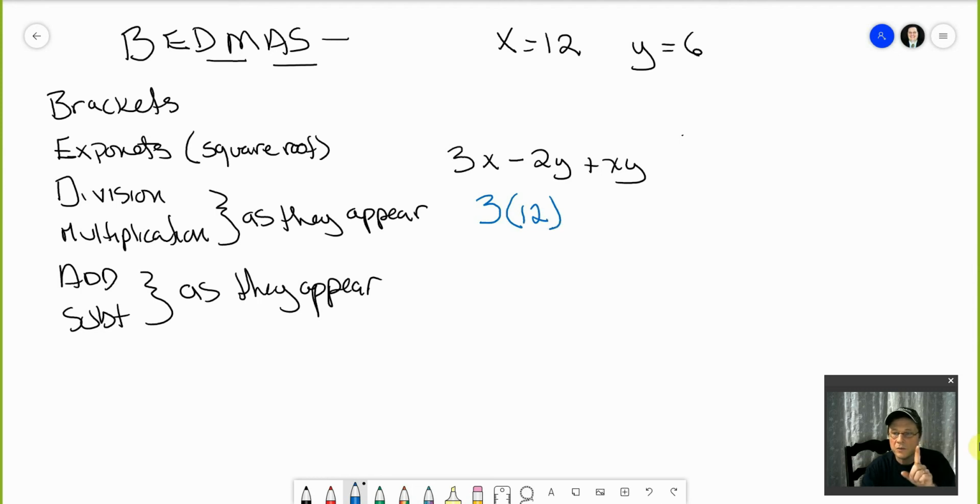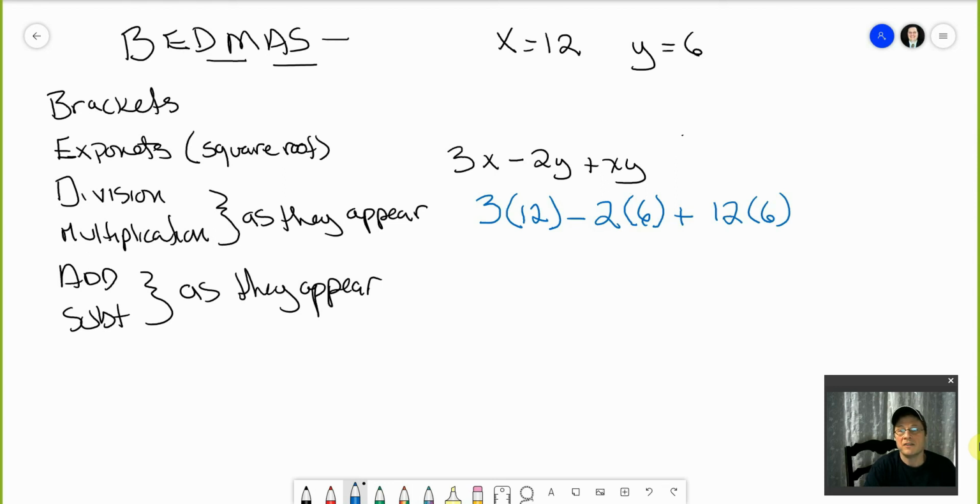The first thing we do is any information that we can add into our equation, we do that first before solving it. So if x is 12 and y is 6, let's add that into our algebraic expression. So minus 2 times 6 plus 12 times 6. Right? So let's make sure we got everything.